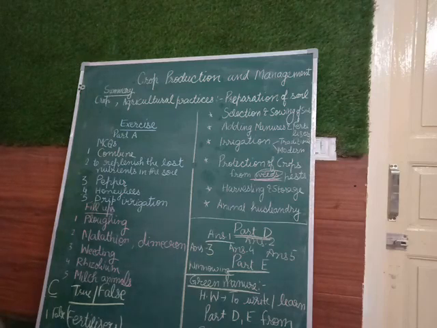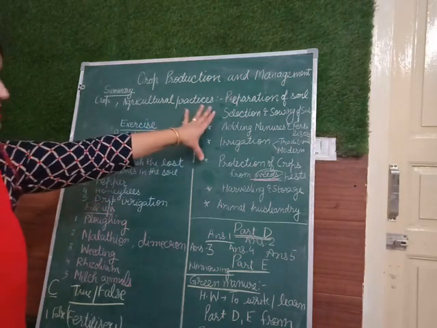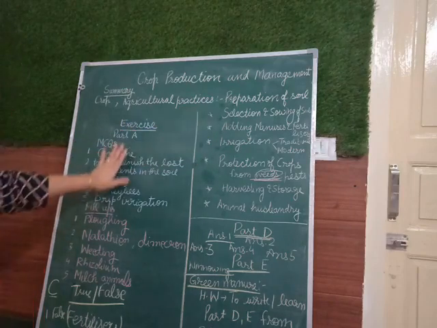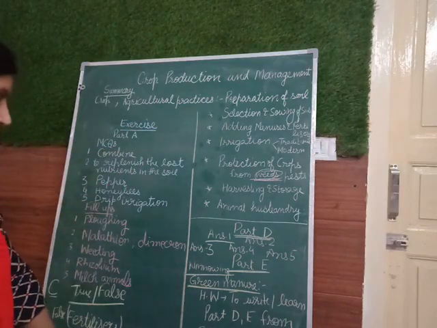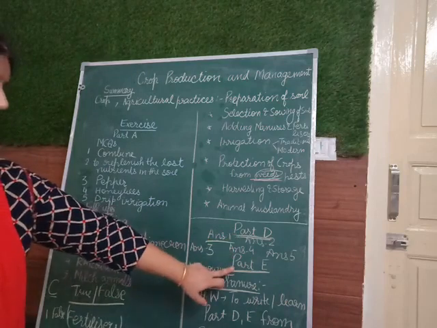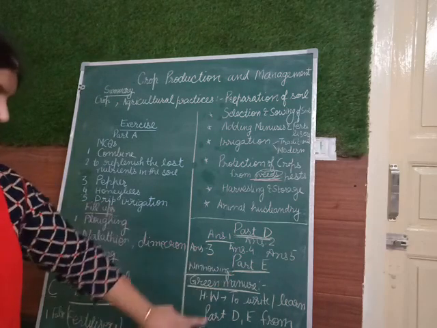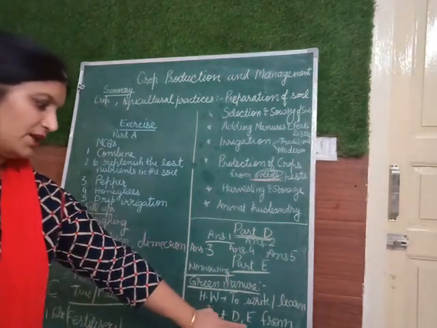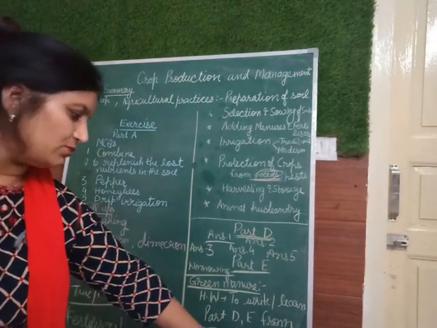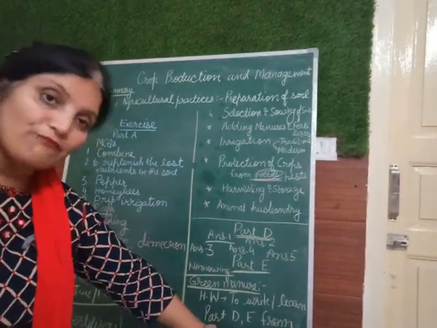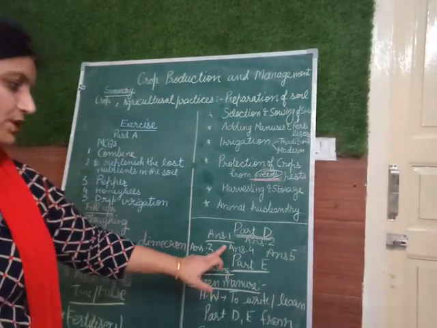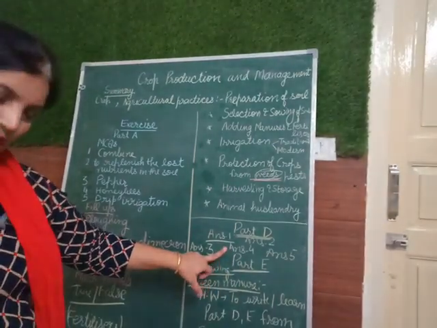So we have discussed the complete summary of the lesson, then we have done the complete exercise, and then part D and part E question answers. I have given these part D and E question answers in the science assignment, from which you have to note down into your fair notebook in a very good hand.